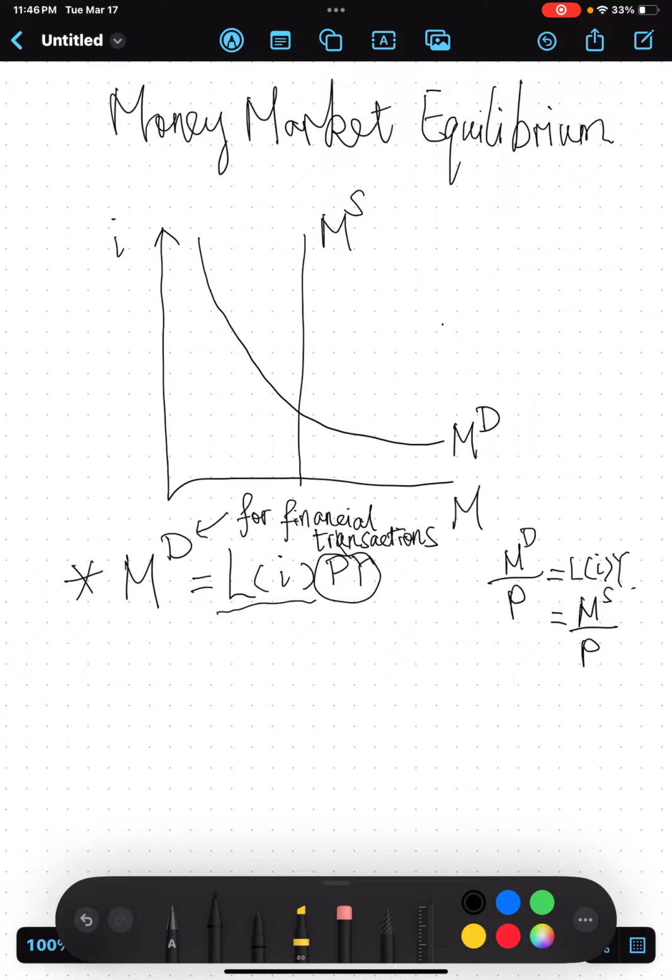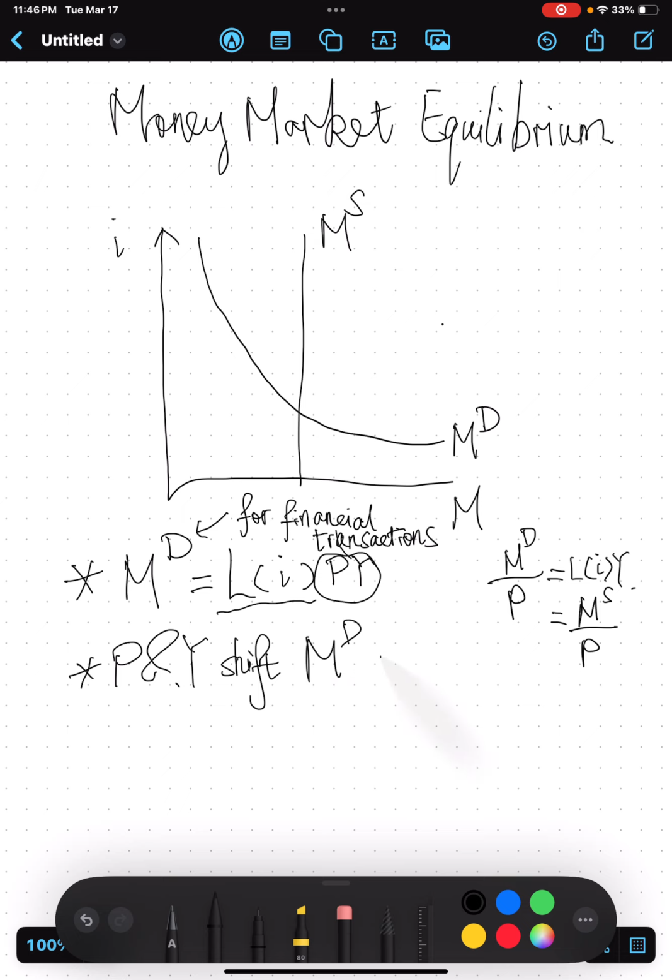So when the price level and the real income shift, it's not just a move along the demand curve, but a shift of the entire demand curve.